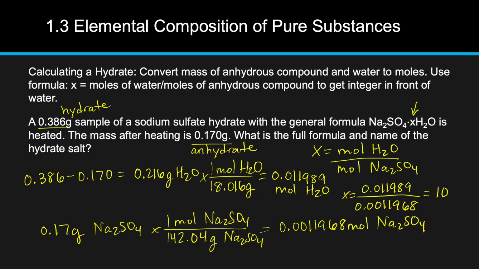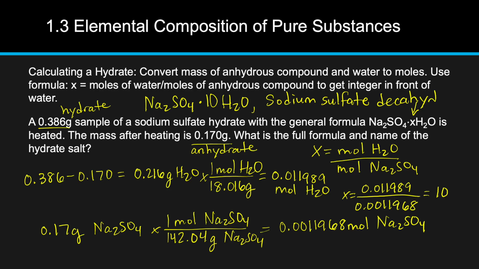Our formula, when we plug this in, would be Na2SO4·10H2O. And then to name that, it would be sodium sulfate decahydrate. And that would be your answer.